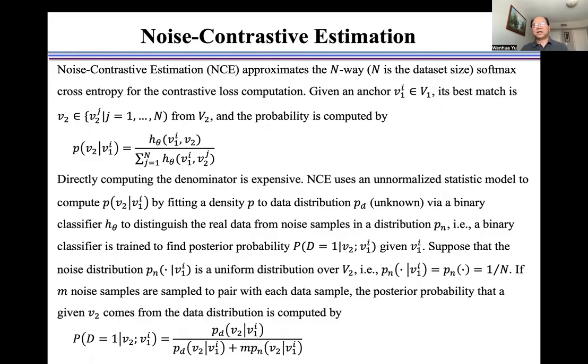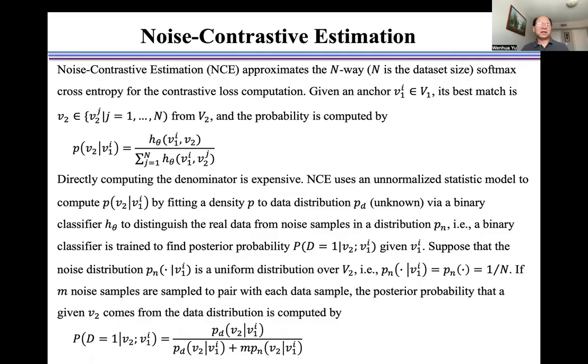NCE uses an unnormalized statistical model to compute P by fitting density P to data distribution P_D via binary classifier h_theta to distinguish the real data from noise samples in a distribution P_n.